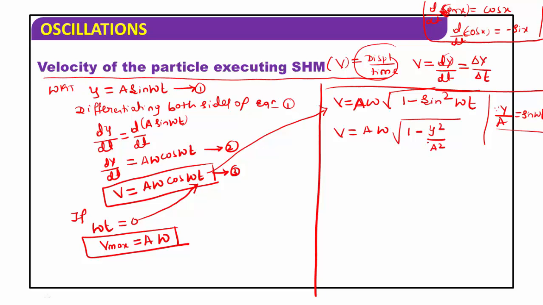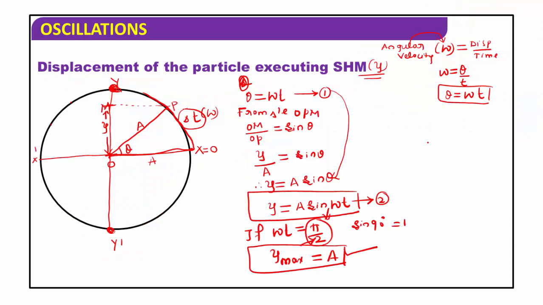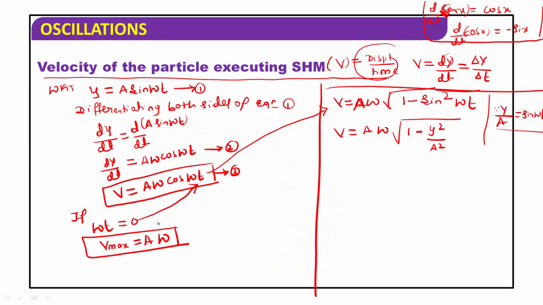Now v is equal to a into omega root of a square minus y square divided by a square.